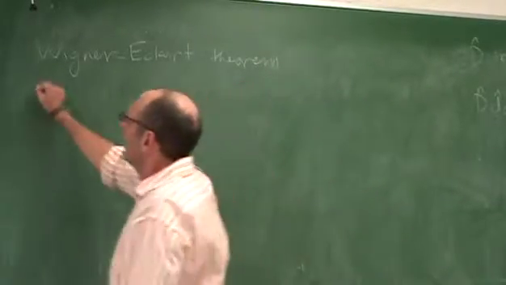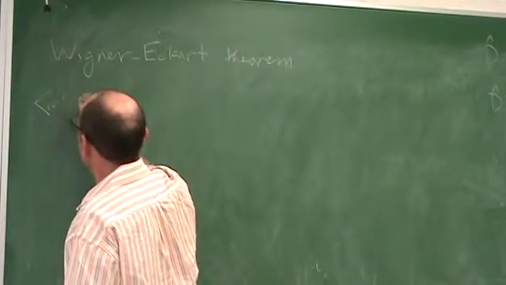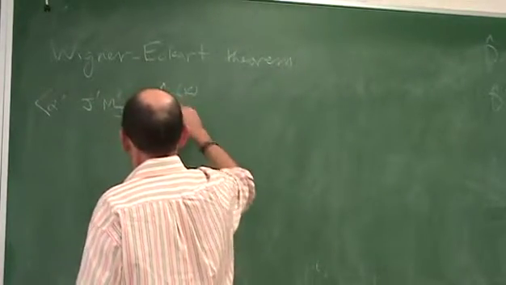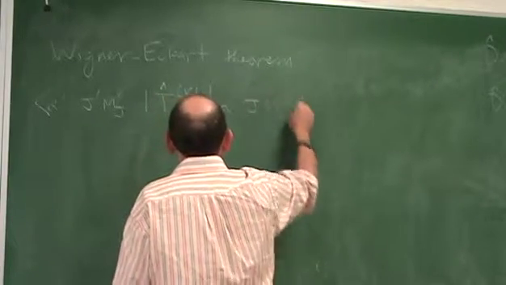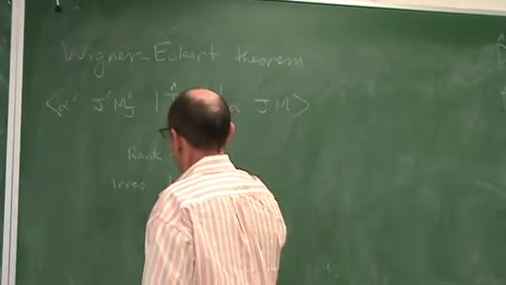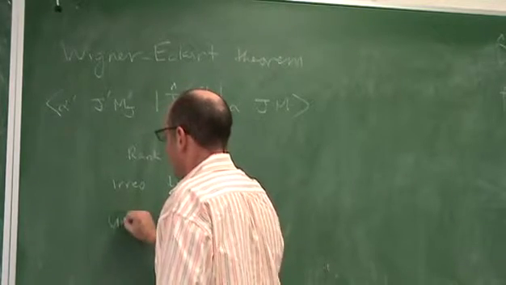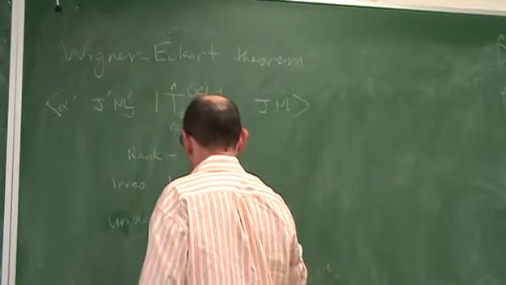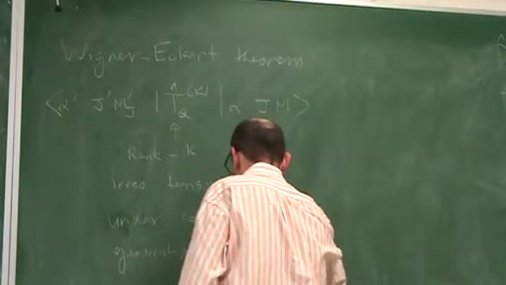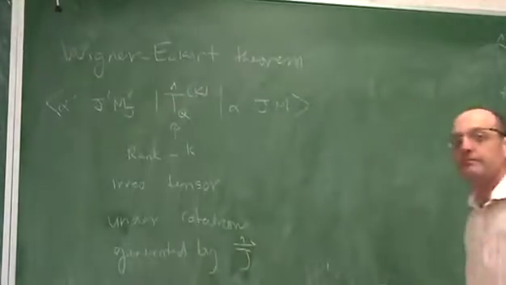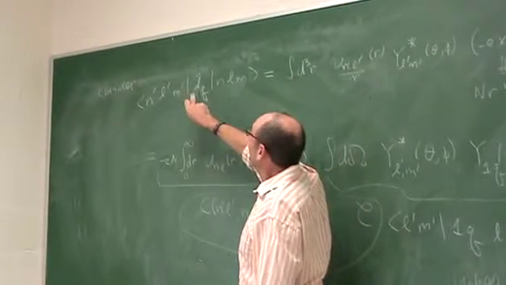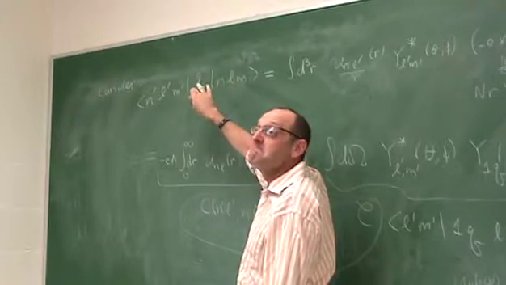I'm just going to write it down. It just follows from the properties of irreducible representations of the rotation group, and it's a little bit nasty. It's not worth proving. Let's imagine I'm looking at the matrix elements of a rank K irreducible tensor operator under rotations generated by J. So for example, we have here a rank 1 tensor operator under rotations generated by L. That's an example.